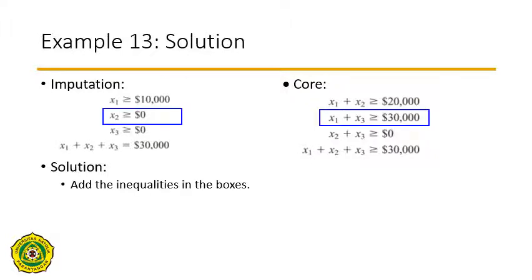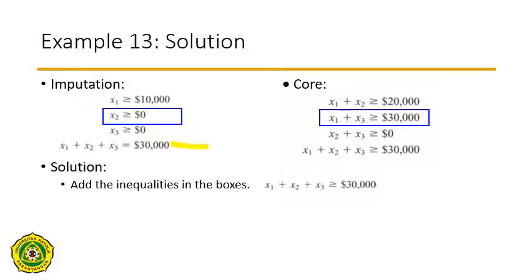First we are going to add the inequalities in these blue boxes because we are going to match it with this equality. So we need to find something that sums up to x1, x2, x3 on the left hand side and 30,000 on the right hand side.